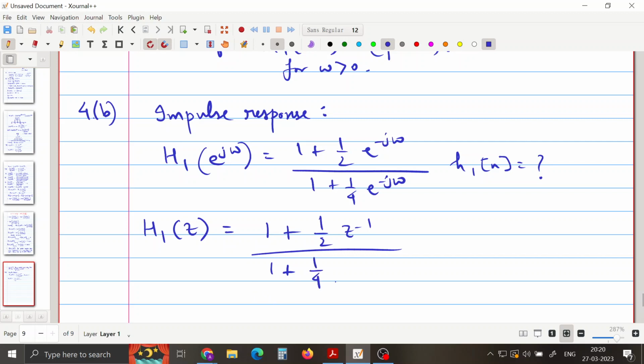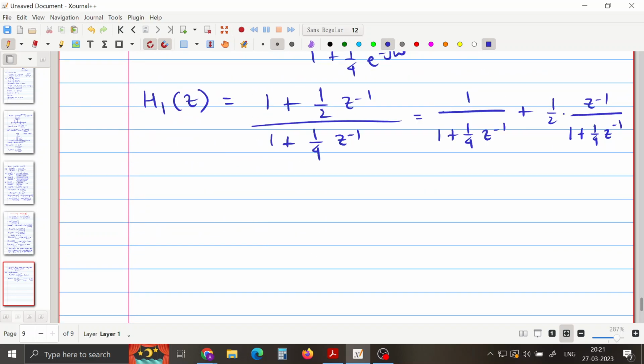Okay, and I can split this as two summations like this. This is H1 of Z. Now see, this form looks familiar.